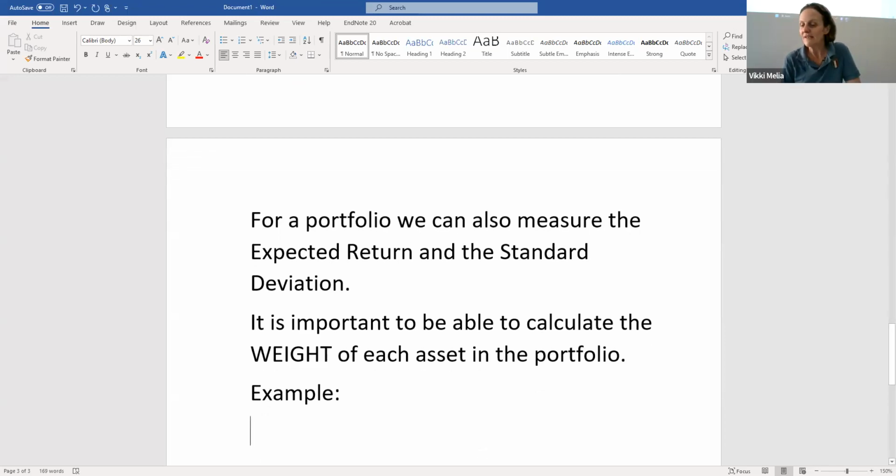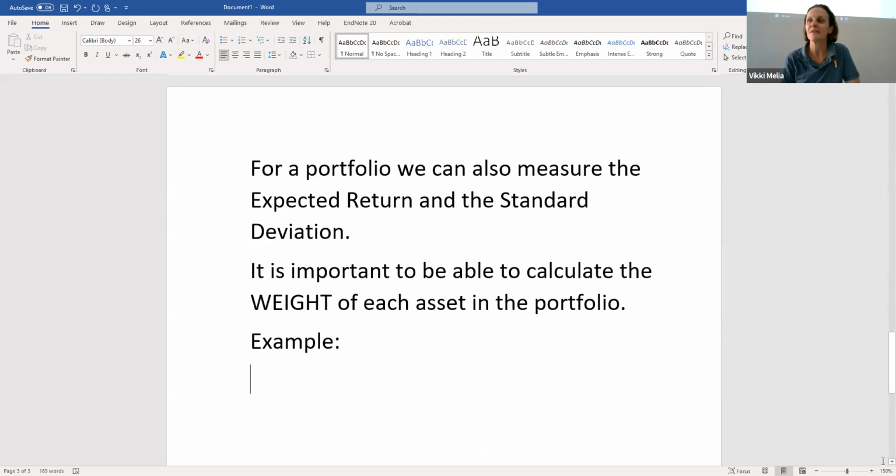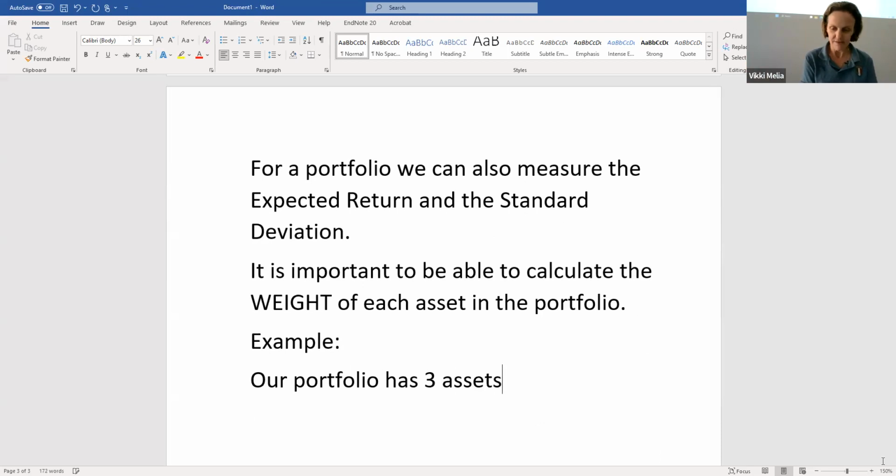So I'll give you a really simple example. Better to start with something simple. The one that's in the PowerPoints in Excel is quite complicated. So let's say our portfolio has 3 assets.